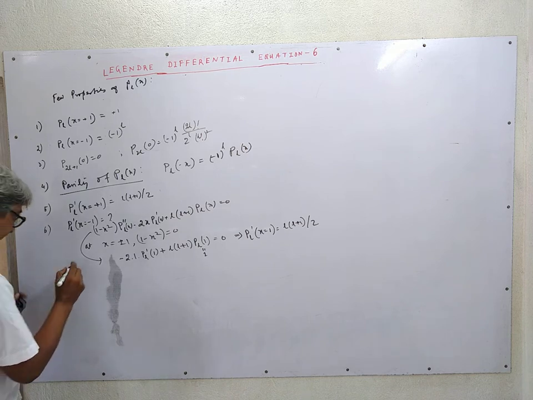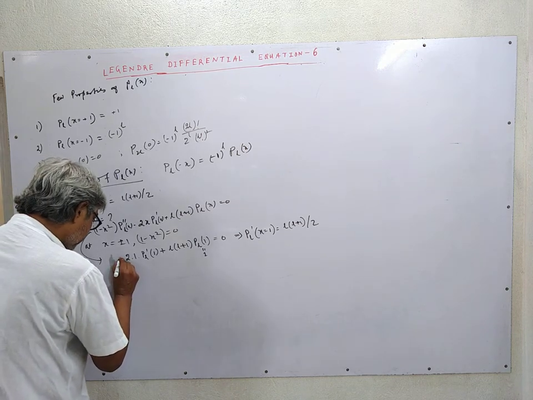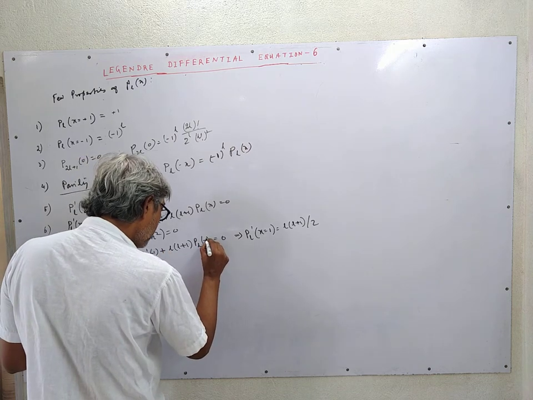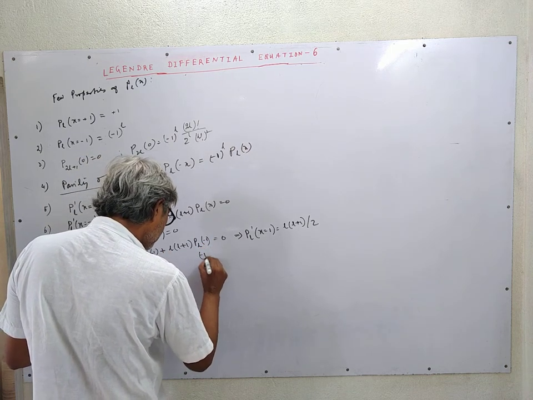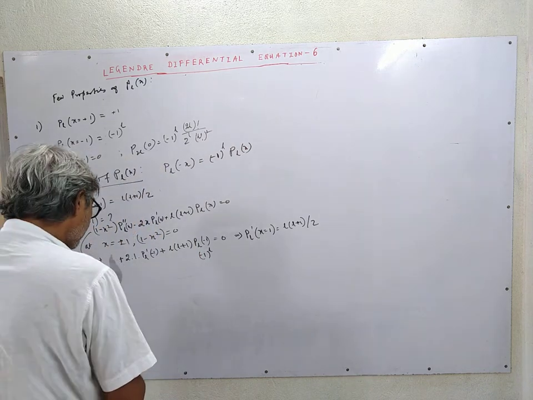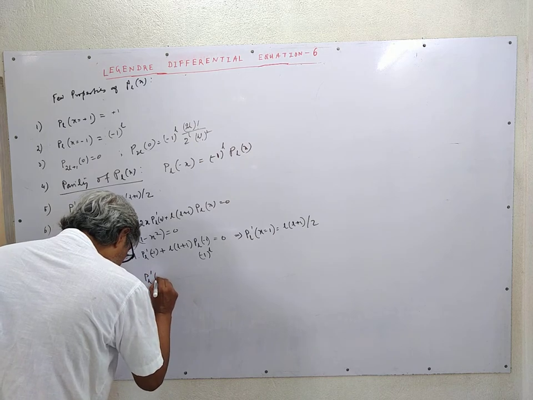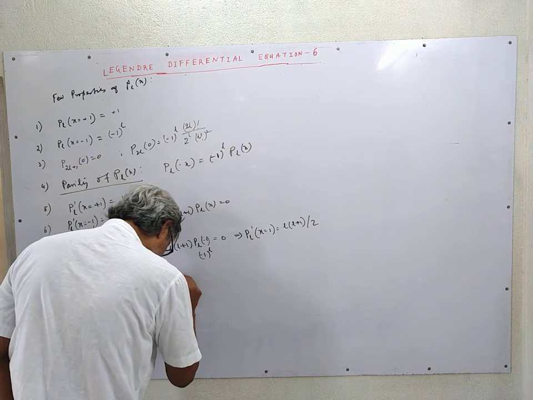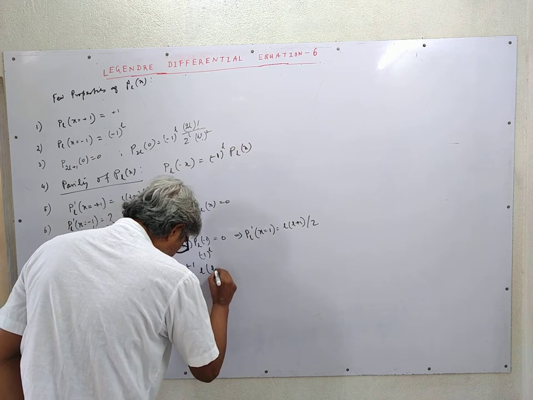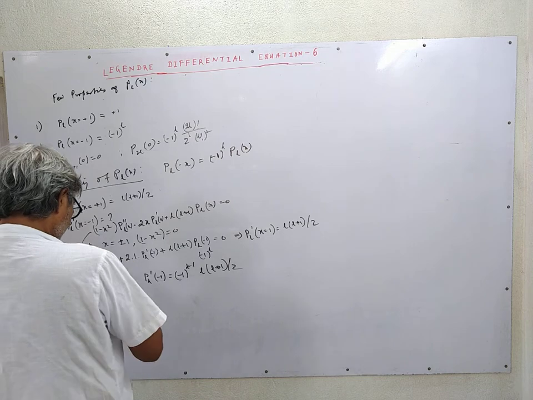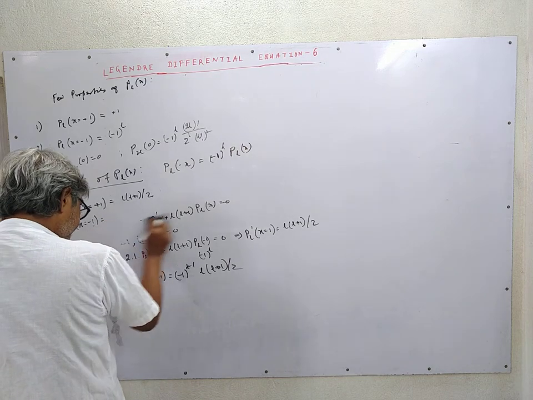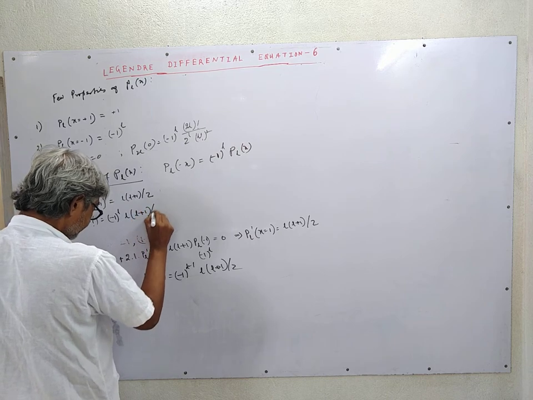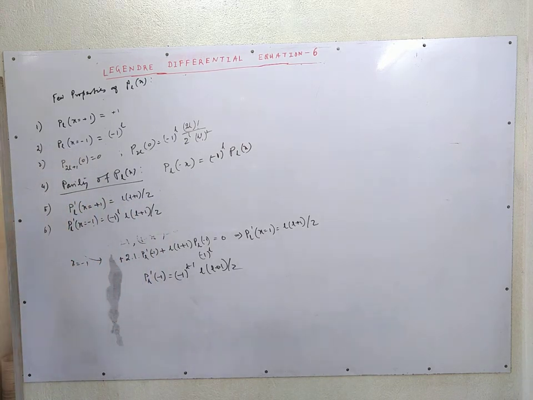This relation again with x equal to minus 1 becomes this, and PL at minus 1 is equal to minus 1 to the power L. So we get PL prime at x equal to minus 1 is equal to minus 1 to the power L minus 1 into L into L plus 1 by 2. These are the few simple properties of the Legendre polynomial.